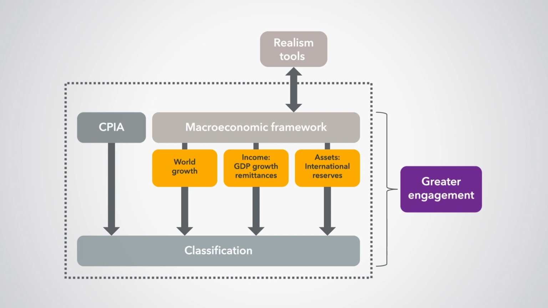The first factor is the global economic environment, which is represented by world GDP growth. The second factor is the country's income, which is represented by GDP growth and remittances. And the third factor is countries' buffers to absorb shocks, which is represented by international reserves.